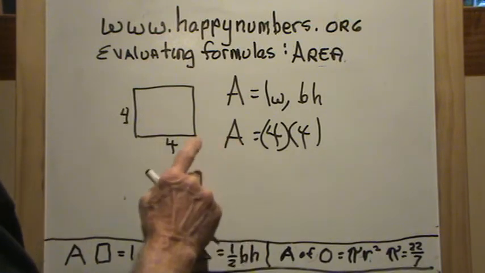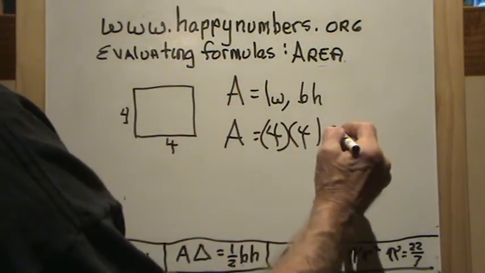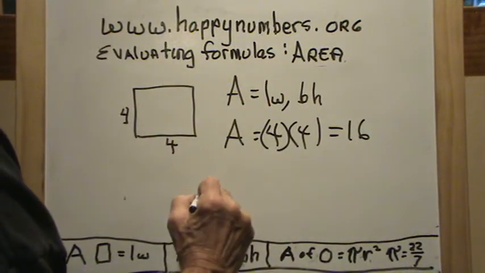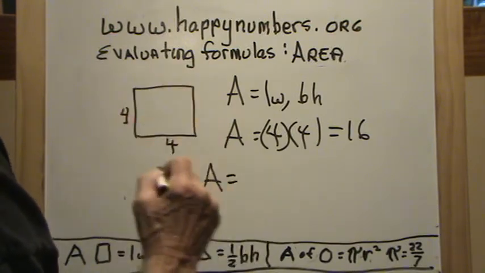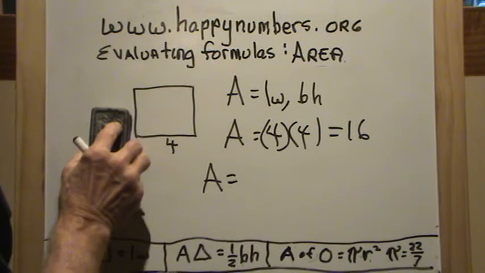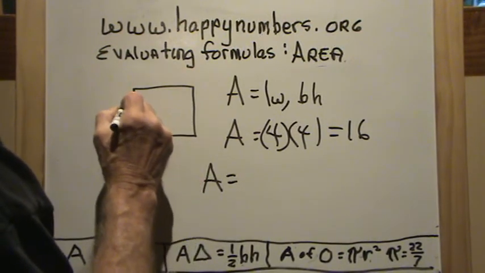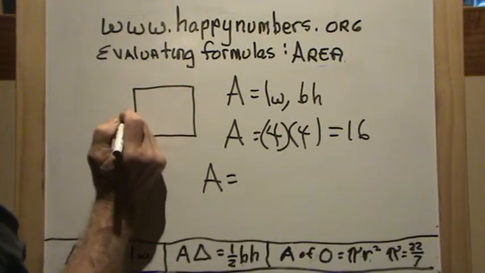Okay, so now the area is the base times the height or length times the width. It's the same thing, which would be 16. A lot of times you'll see on a test, the area for a square, a figure that is a square, is the side. Let's say you might see it like this on a test. They might have it like this. Well, actually, they might put it like this. The side.